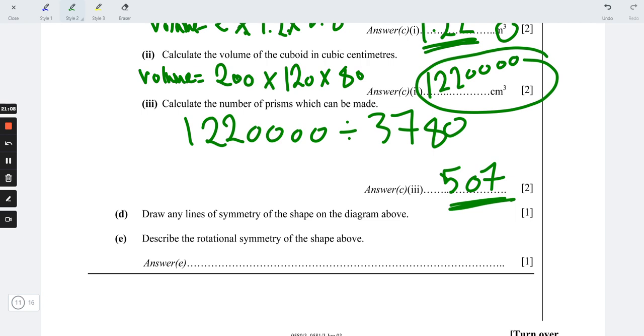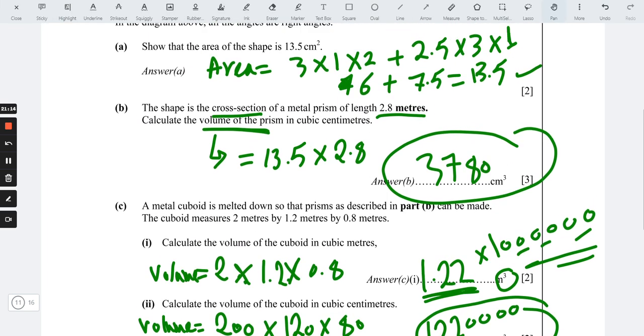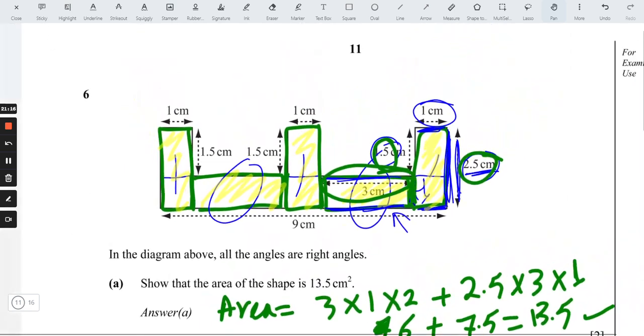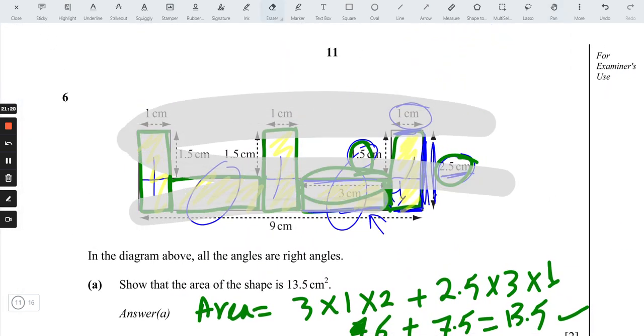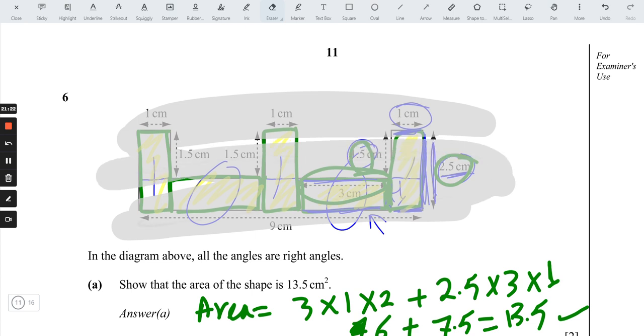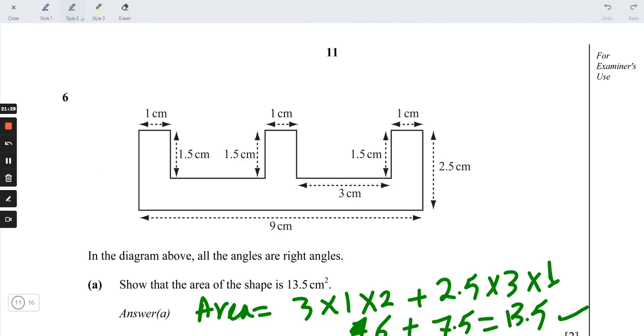Draw the lines of symmetry of the shape on the diagram above. On the diagram above, we have to draw a line of symmetry. So I will clear everything here. You have to use your ruler and be careful to find the middle point here.